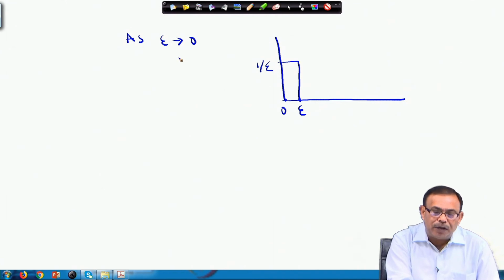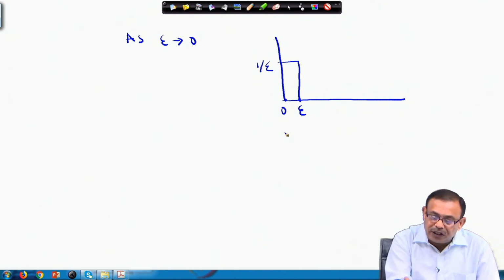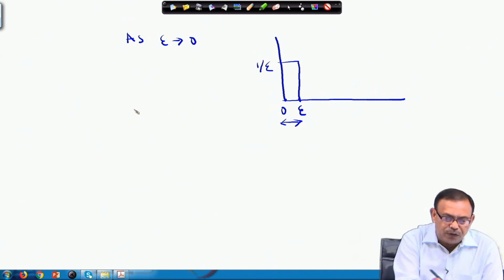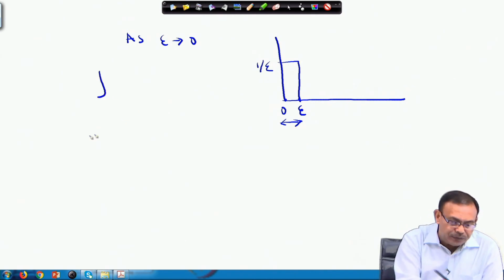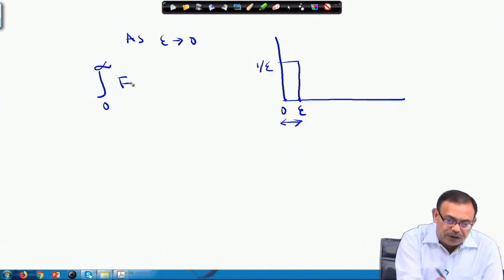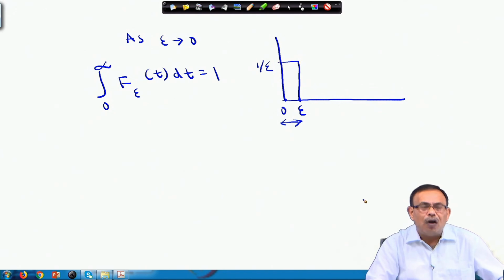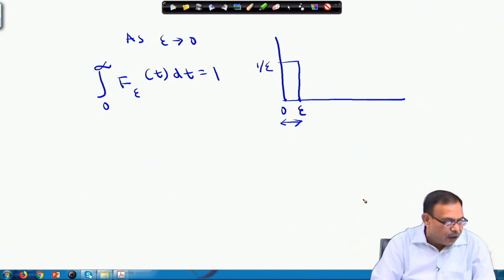So, please note, as epsilon approaches 0, your height is approaching infinity indefinitely, and the width, which means this epsilon value, decreases in such a fashion that the area is always 1. That we write as: as epsilon approaches 0, the integral from 0 to infinity of the Dirac delta function, f epsilon t dt, equals 1, or the area always remains 1.